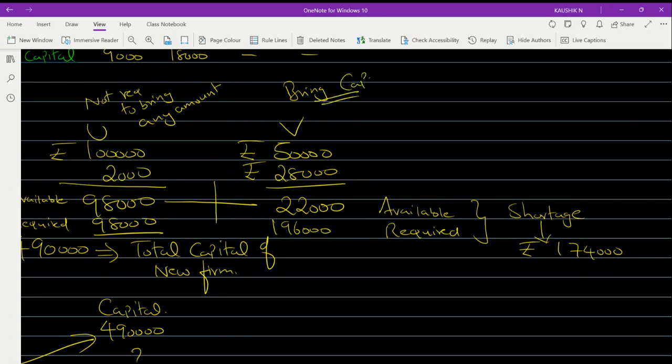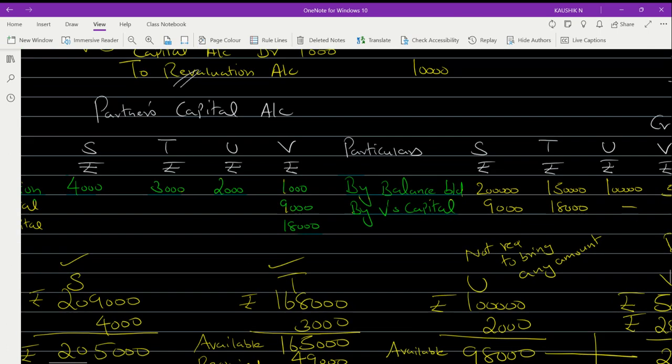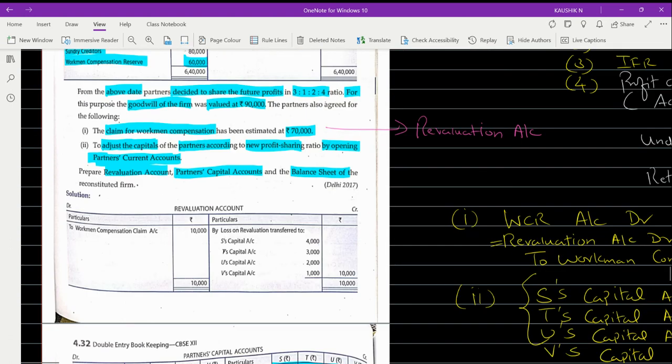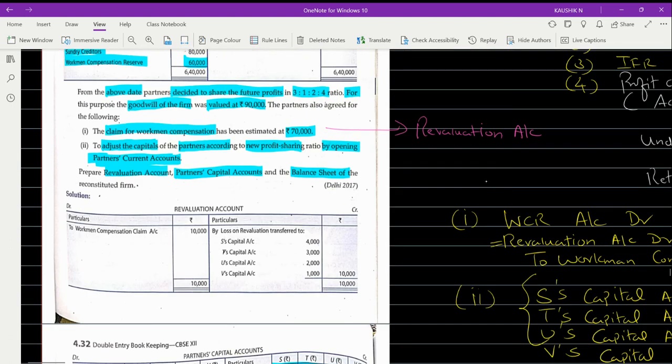That means partner V should bring capital. Out of four persons, one person need not bring any capital or will not be able to take any capital. So the remaining three partners are available. Out of the three, one partner has to bring in the capital. The other two can withdraw the capital. But remember, here it was mentioned very clearly in the beginning of the question: the partners have decided to adjust the amount by opening partners' current account.